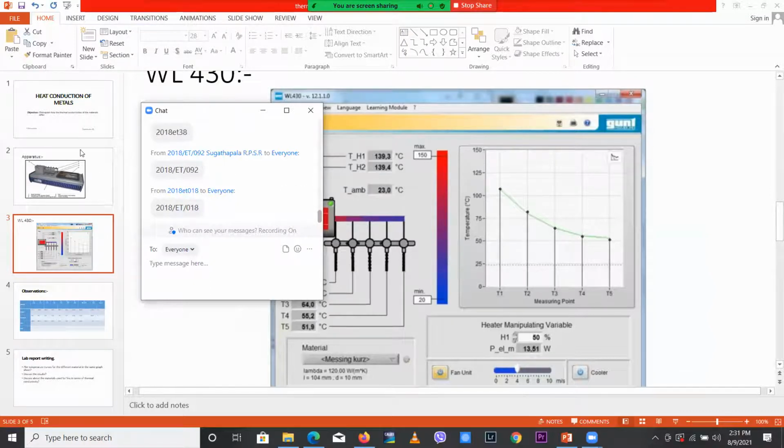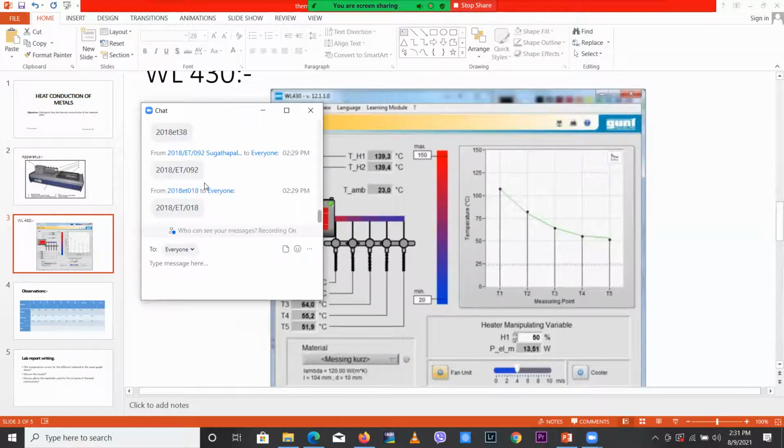Yeah, the objective is to distinguish the thermal conductivity, right? Here we study thermal conductivity. Thermal conductivity means there will be a heat flow inside the metal. If we take a steel rod and put it into the fire, then in the other part there will be a small temperature increase.